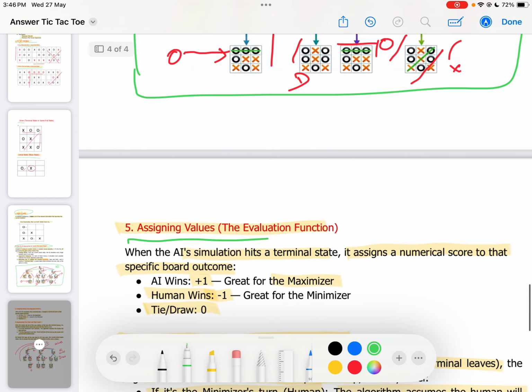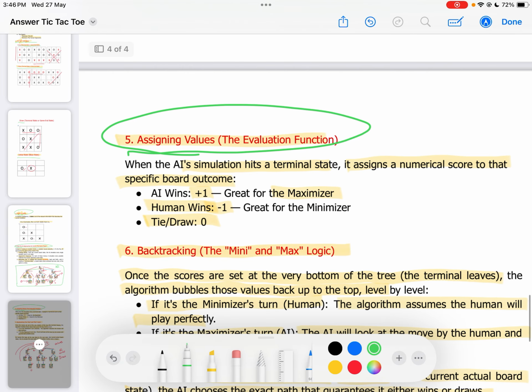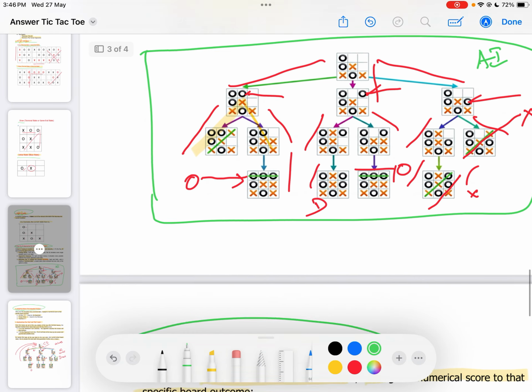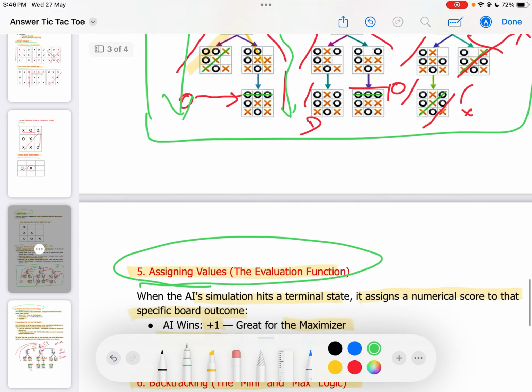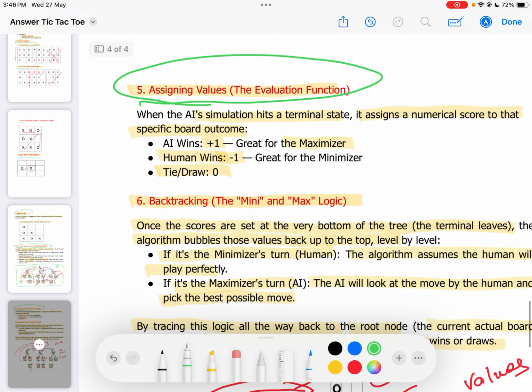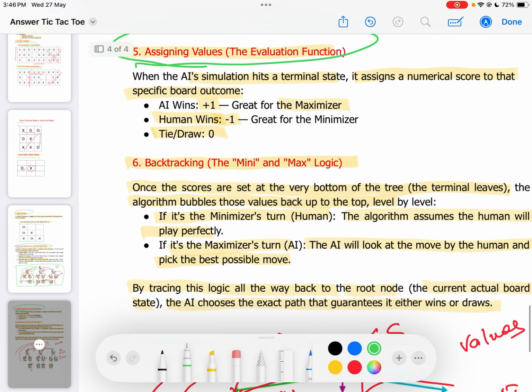That's the next thing. It assigns values and calculates what will happen if one course is taken, what will happen if another course is taken. So you have to write this.